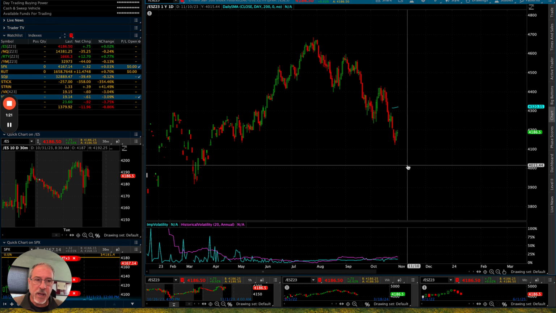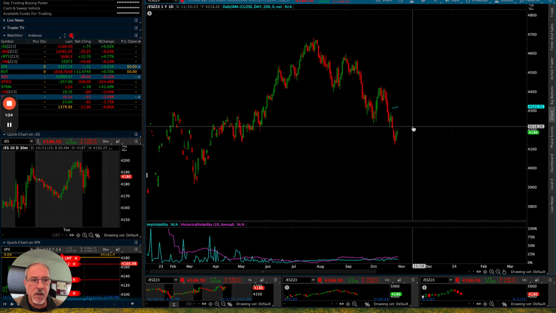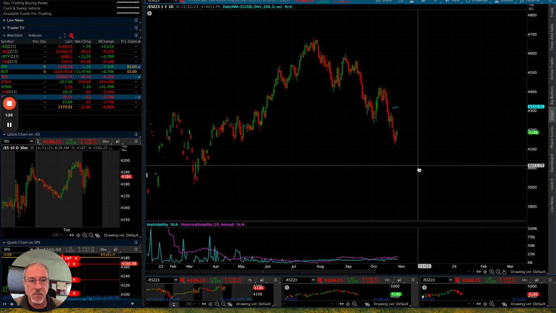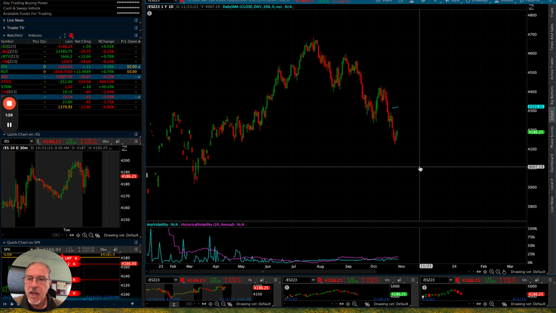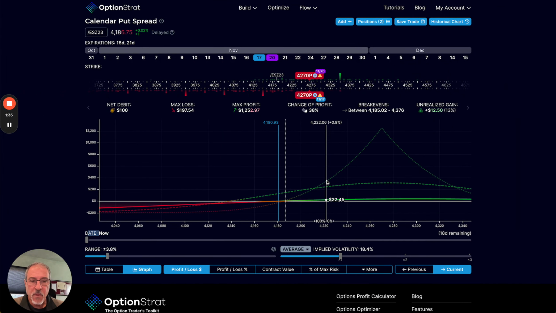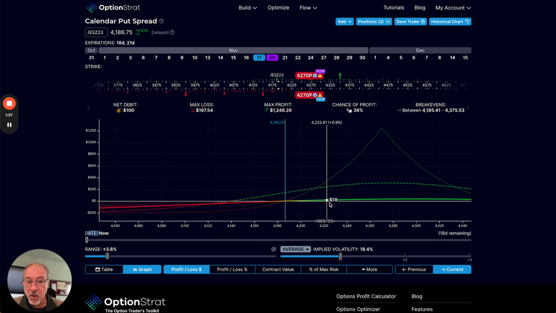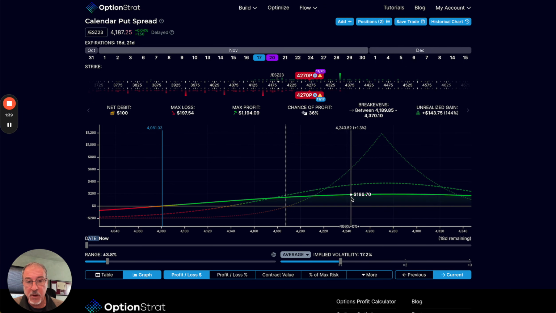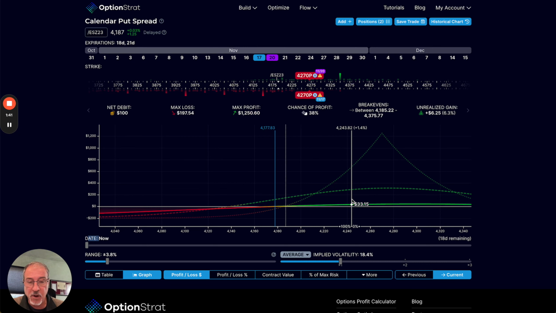So if that's my scenario, 4250 down to maybe 4,000, how can I adjust that trade to accommodate that general range? If the market goes up to the 4250, that would be great for this trade. This trade would benefit very nicely.